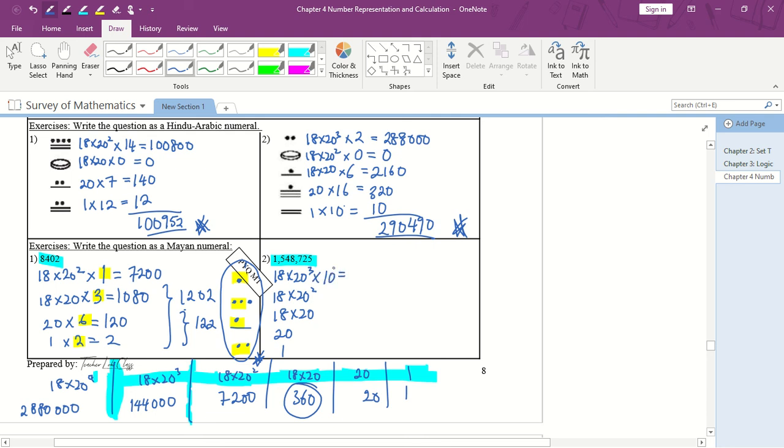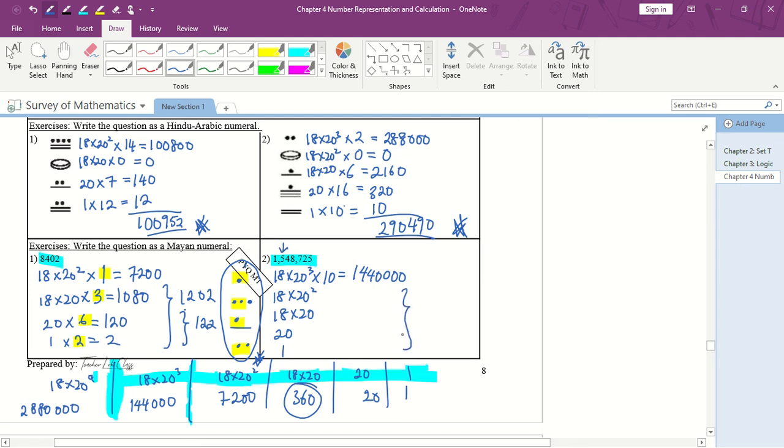Okay, then we need to figure it out. 18 times 20 cube times 10 is equal to 1,440,000. Okay, and once you get this one, you need to use this value to minus this, so that you know what's the rest that you need.